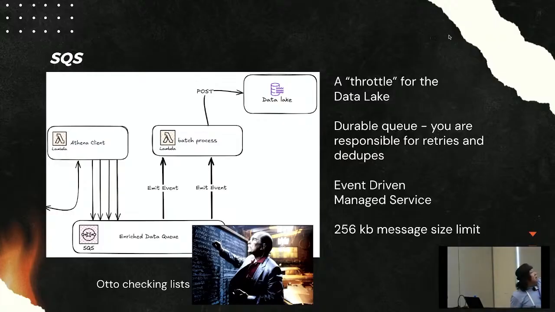One of the features of SQS is that they call it a durable queue, which means you're going to get everything at least once. And it's up to you to implement how you want to handle deduping or errors when you push it. But in this example, this batch process is just constantly listening for messages that go onto the queue.